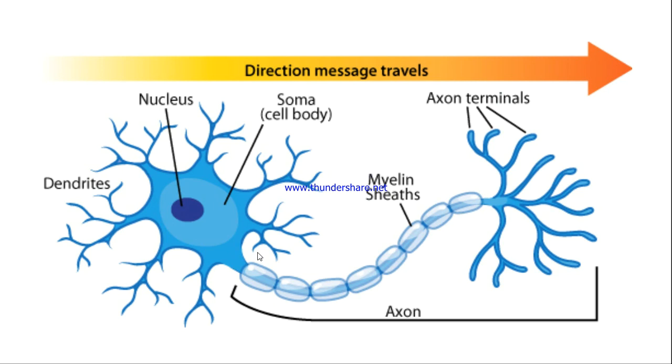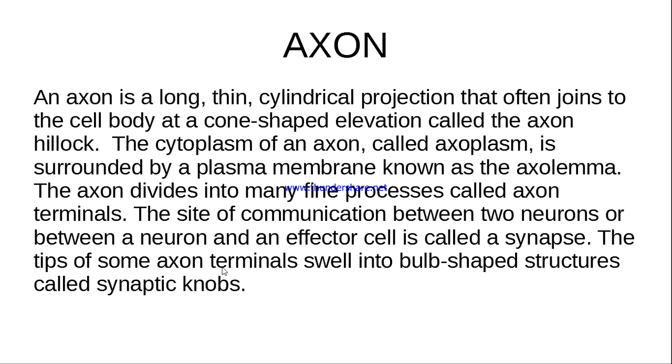The junction or the point where the cell body ends and the axon starts has a cone-shaped structure which is known as the axon hillock. This area is known as the axon hillock.